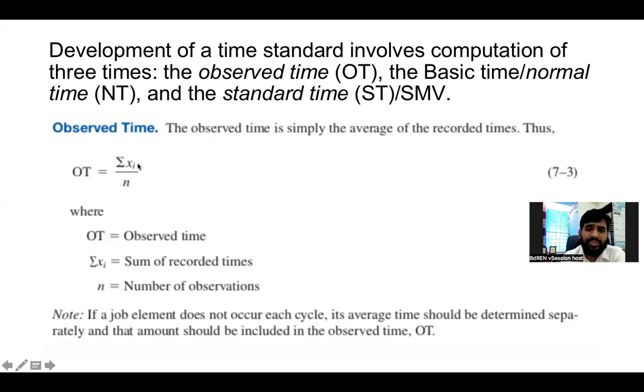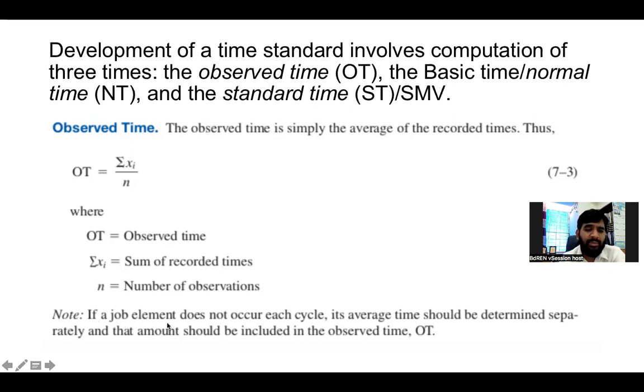You will add all 50 and divide by 50. What you will get is observed time. Observed time means the sum of recorded times divided by the number of observations.